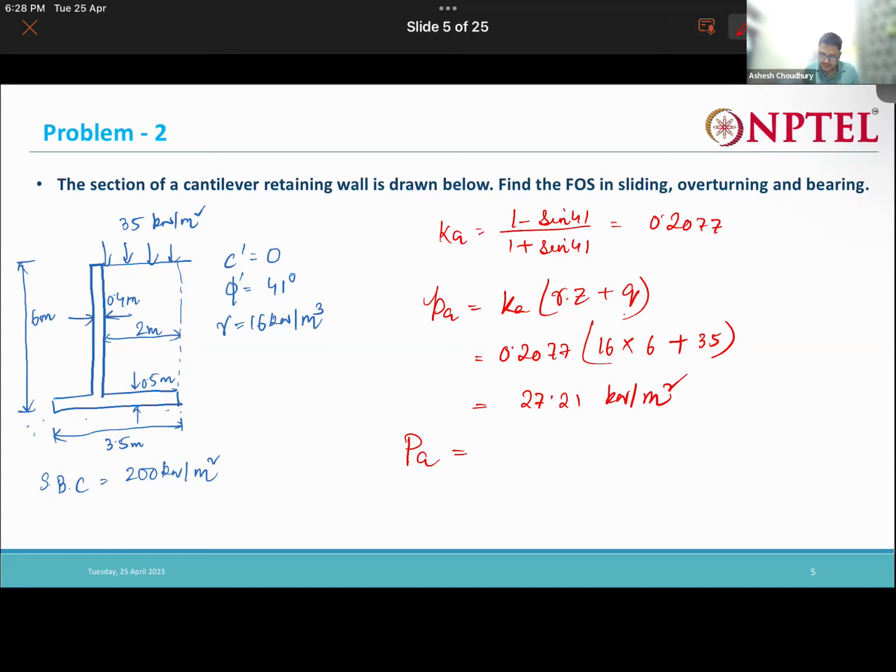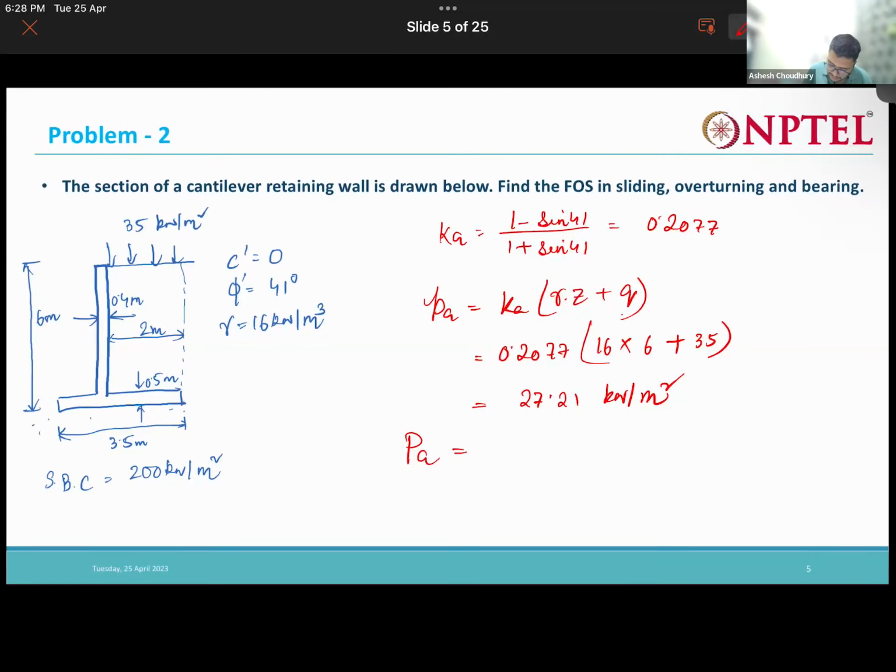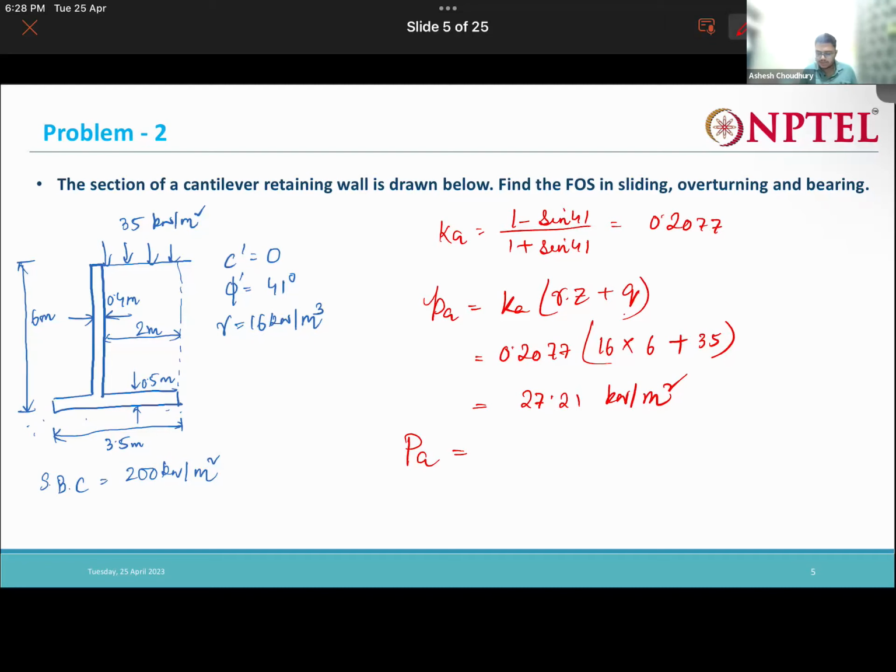Like the previous problem, there is a Q part and there is one triangular variation. So the total area is 35 into 0.2077 into the height 6 meters, which is 43.617.